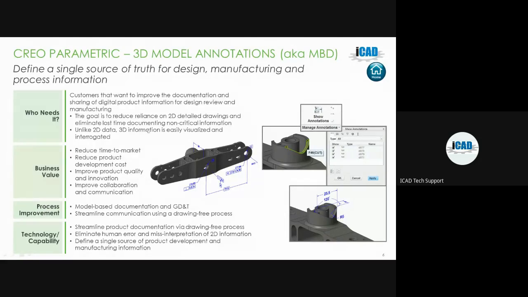Unlike 2D data, 3D information is easily visualized and interrogated. So how can we generate this 2D detail dimensioning? You can see in this image the many geometrical tolerances, dimensions, and symbols. We can also generate them on this 3D model itself.